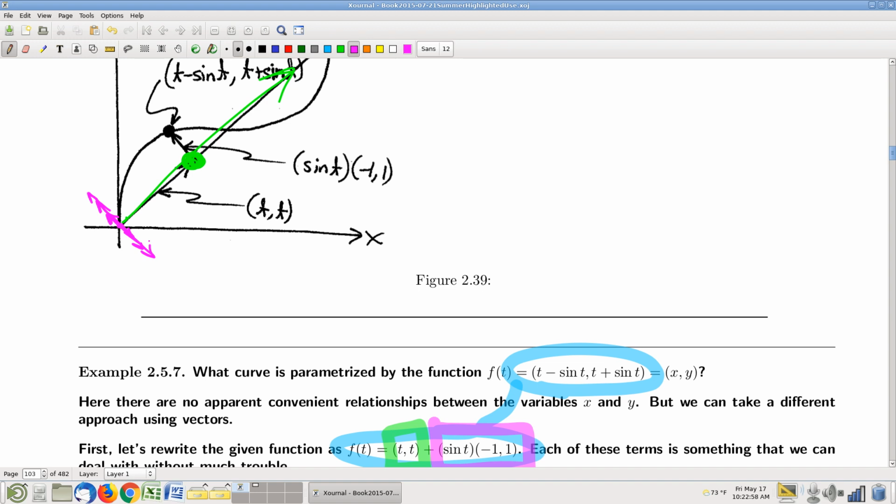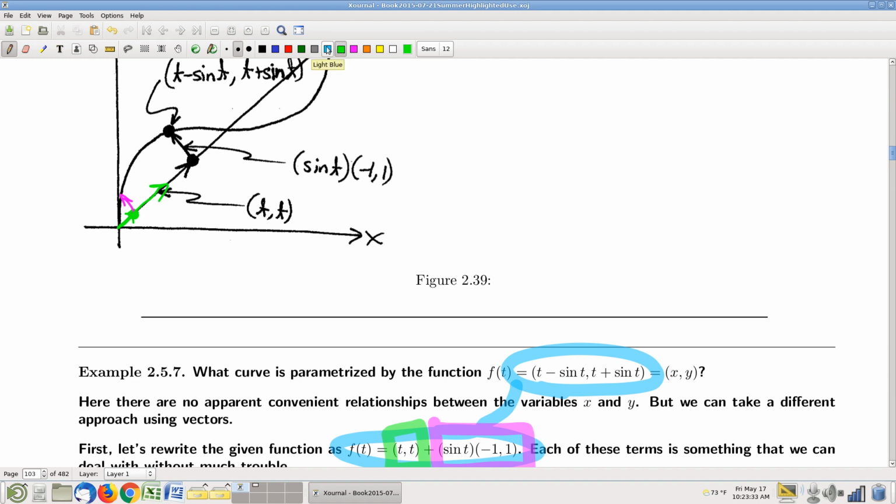So what happens when you add these things? Well, the way we add vectors, of course, is head to tail. What I've drawn here is the green vector separately, the purple vector separately, but now let's add them. So as time passes, let's put these together. We're going to start off with a point there, small value of t. The purple vector for a small value of t is going to be something like that. A little bit more time passes.